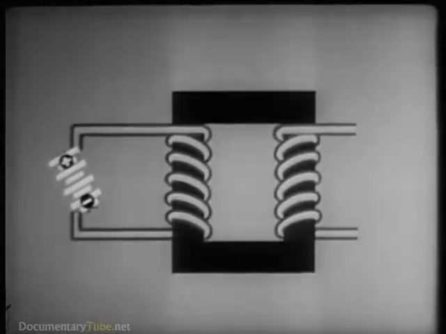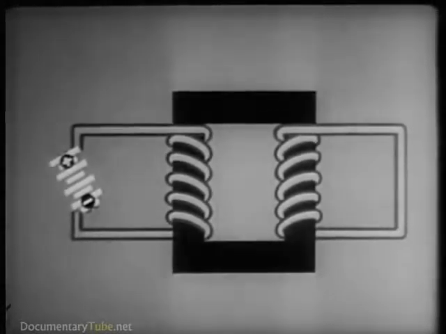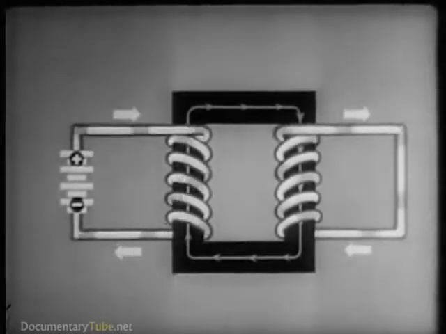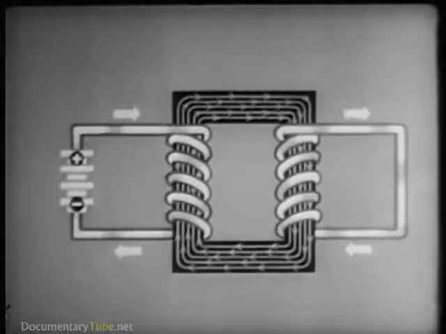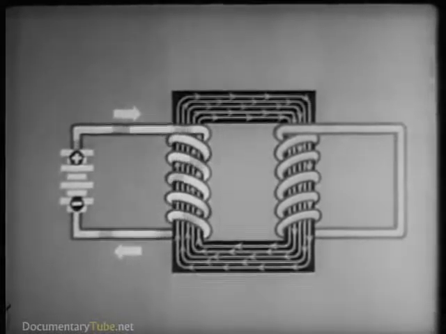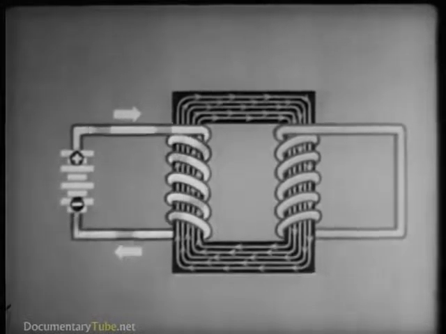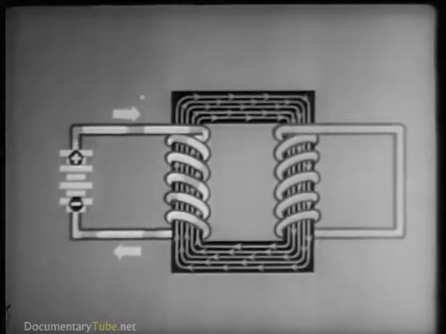Now, let's see what happens when the other winding is part of a closed circuit. Current flows through it during the instant while the magnetic flux is building up. As soon as the magnetic flux reaches a steady value, however, this induced current disappears. Watch what happens when the current supply is cut off.